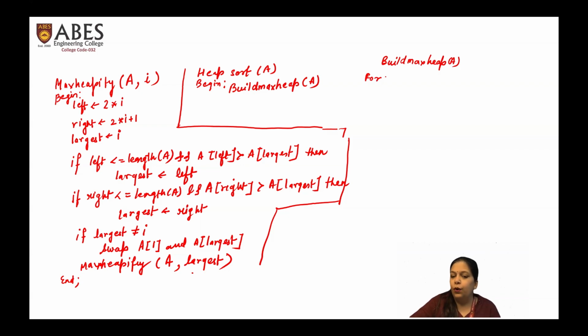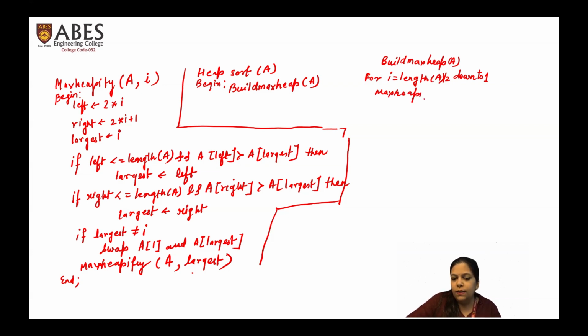Isn't it what we have to do while making a max heap? We have to heapify the nodes from length A by 2 down to 1. And we only have to call this max heapify function.